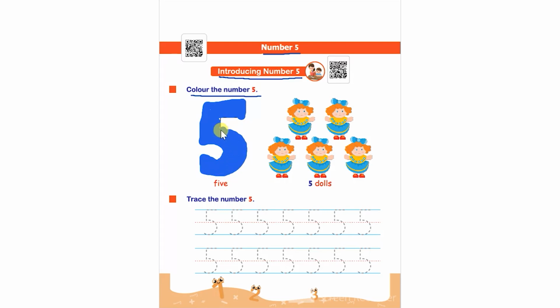And also emphasize them to read this word 5 and also to look at these 5 dolls. After that, trace the number 5. So then the child has to trace the number 5 over here like this, and they have to complete tracing for the rest of the 2 rows.